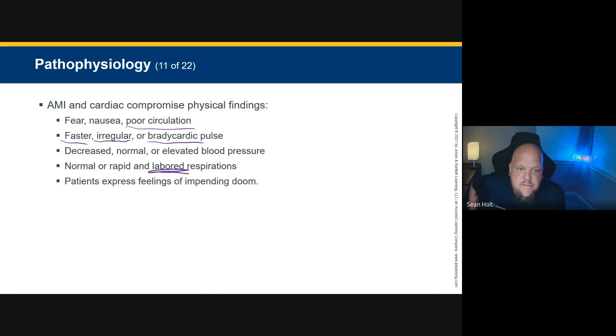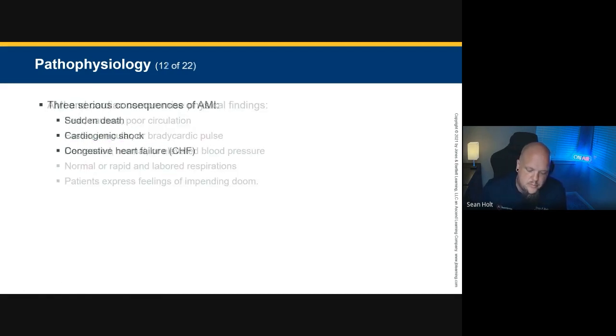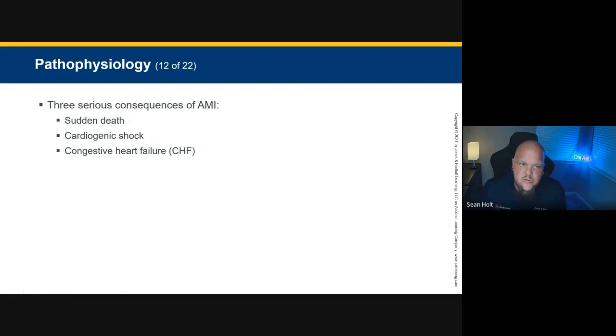Patients express that feeling of impending doom. That's when they look at you and go, I feel like I'm about to die. And you have to look at them back and go, I'm a little nervous now, because sometimes whenever patients say that, they're right. Okay? So that's impending doom. And that happens in other situations as well, not just heart attacks.